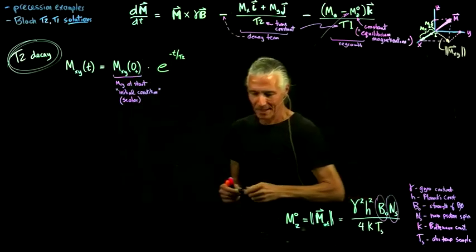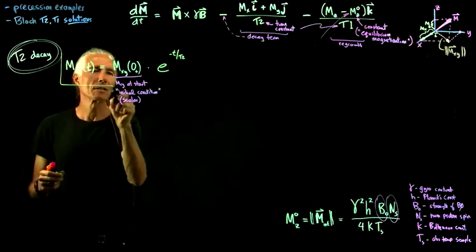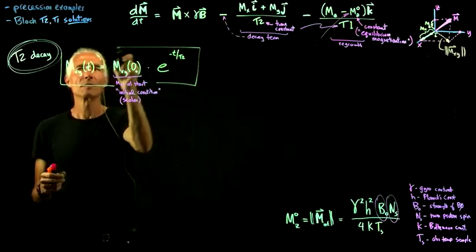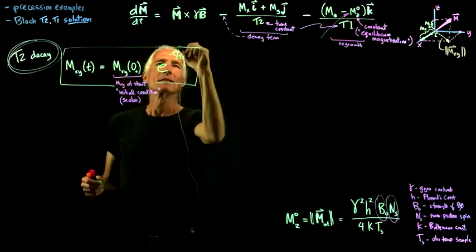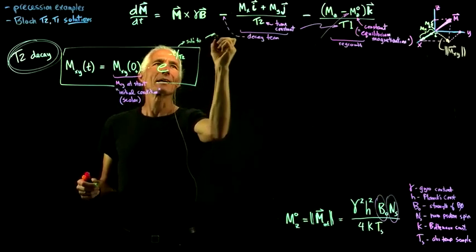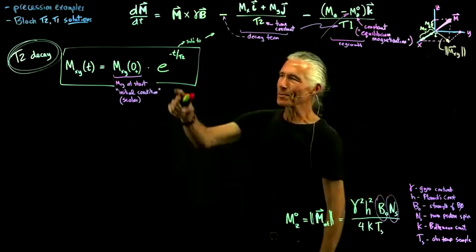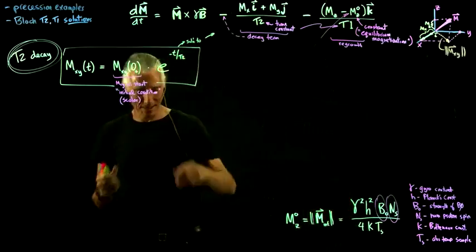Okay, so that's our solution to the T2 decay part. So now, yet another symbol. We've got e to the minus t over T2. What does that mean?